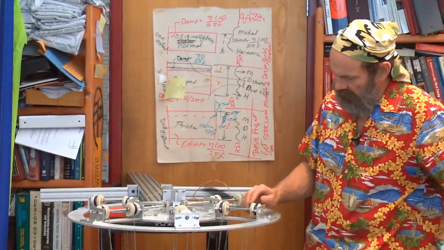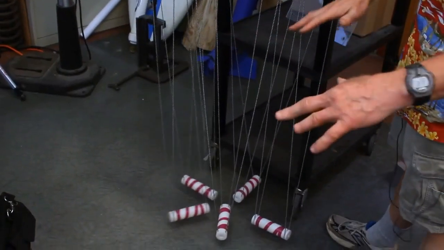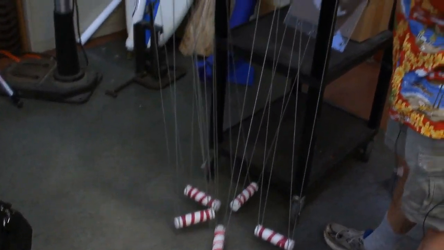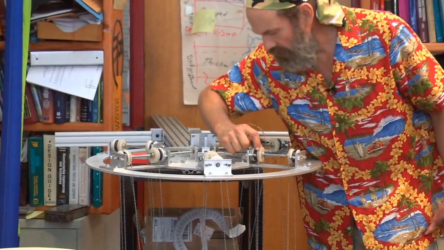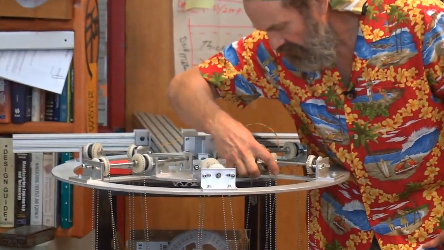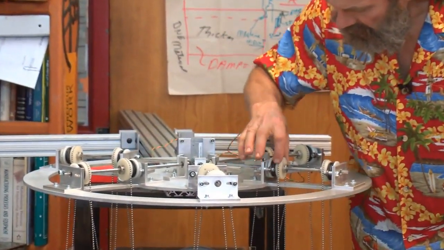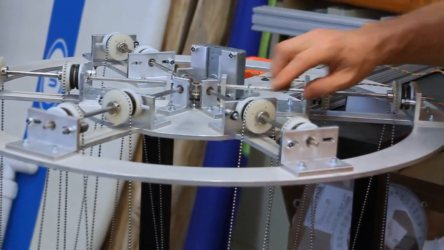So here with the bead belts, you see the structure's all wiggling around, and right up into the bead belt pulley, the bead belt is wiggling back and forth, and yet on the top of the pulley it's stable.